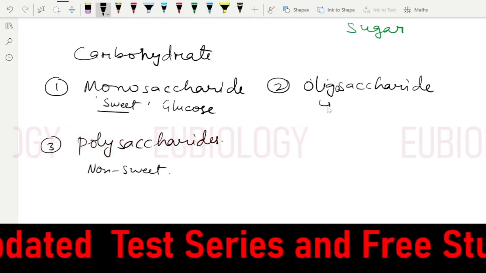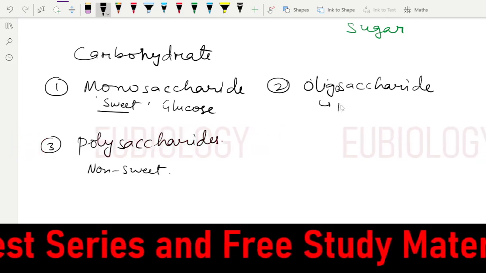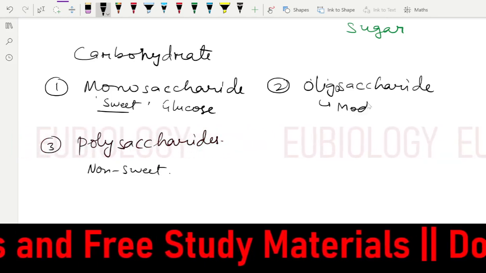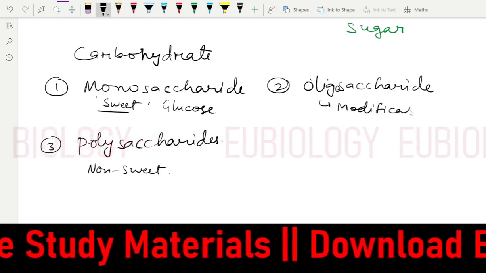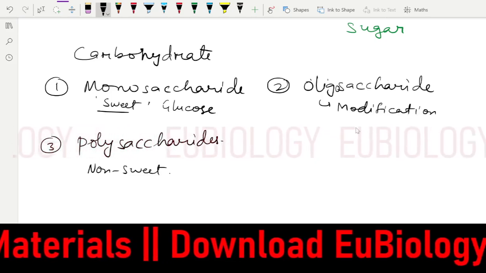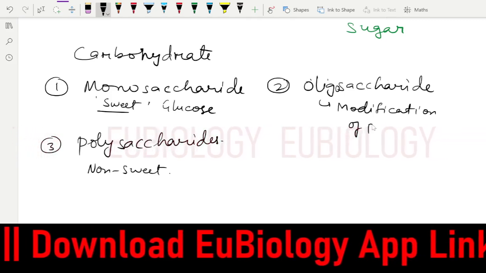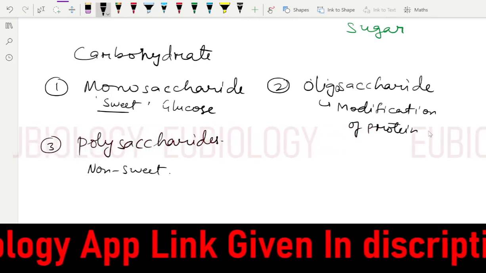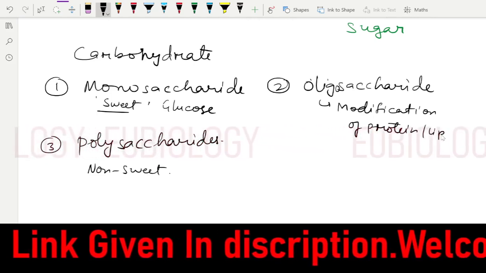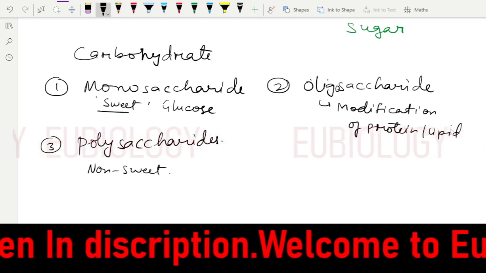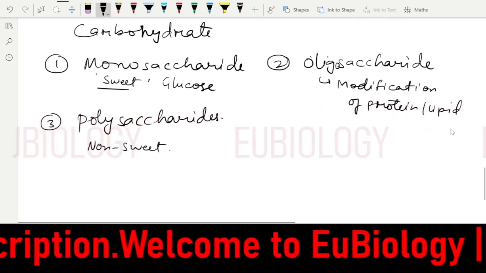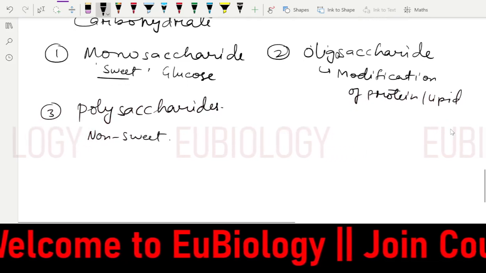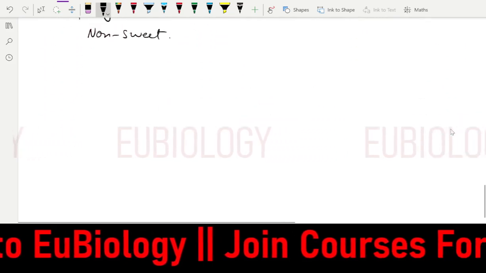And these things help in the modification of protein or lipid. We'll see all the details for the oligosaccharide. Let's begin with the monosaccharide.